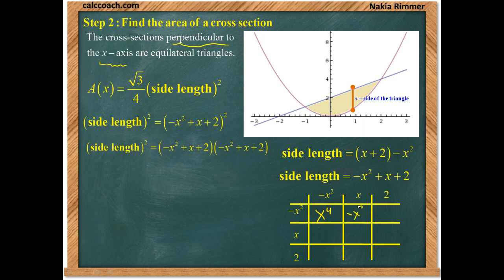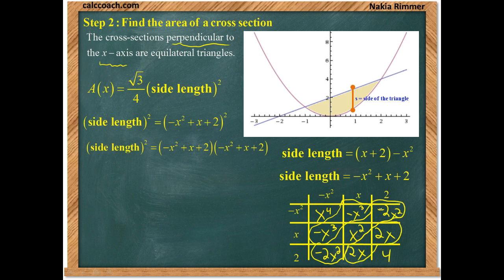Then negative x cubed, then negative 2x squared, negative x cubed, x squared, 2x, negative 2x squared, 2x, and 4. What's also nice about this is that it does the 9 multiplications you need, but it even organizes them. Along diagonals, you'll have the powers to combine.